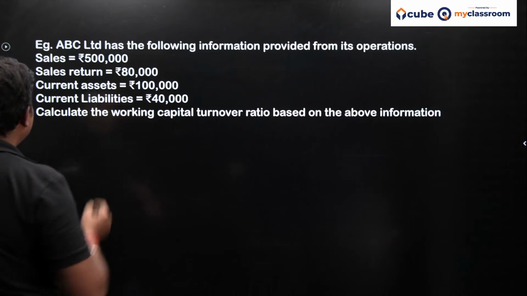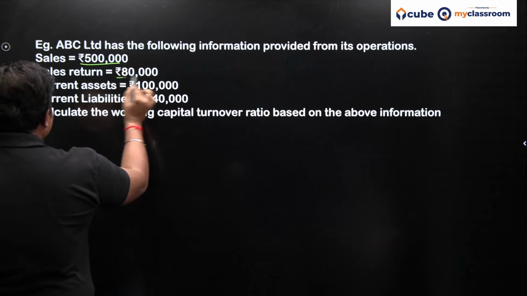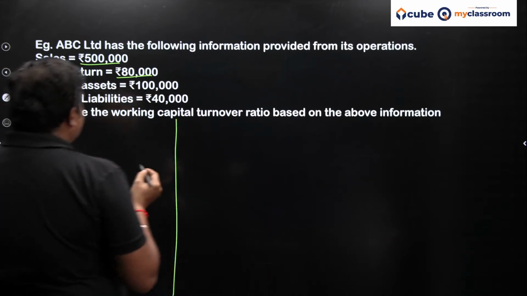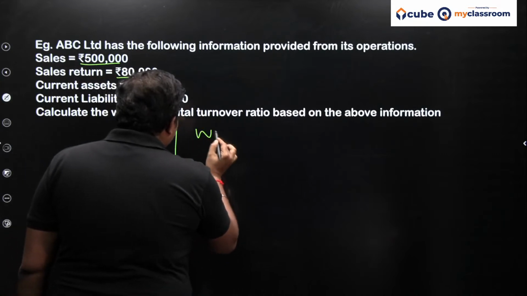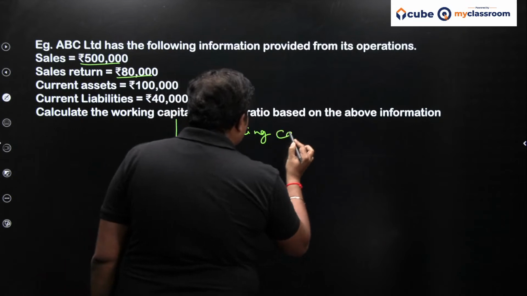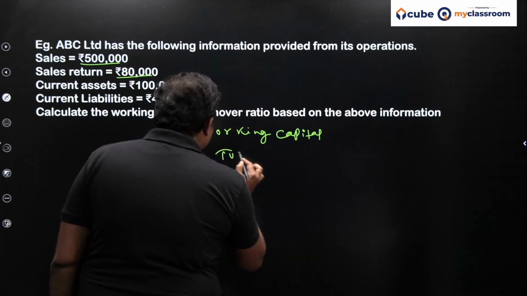Now I have selected a question on this. Here the question is: sales is 5 lakh, sales return is 80,000. They have given you enough information for the same. While calculating, first of all we need to write the formula. So here we are doing the working capital turnover ratio.